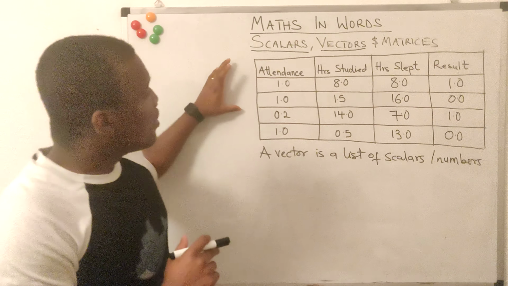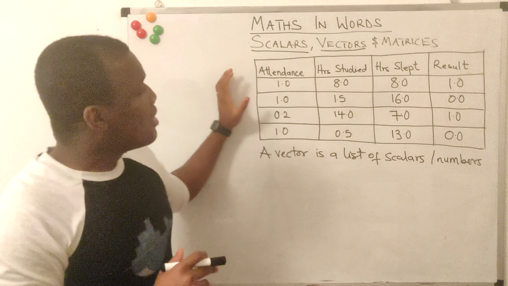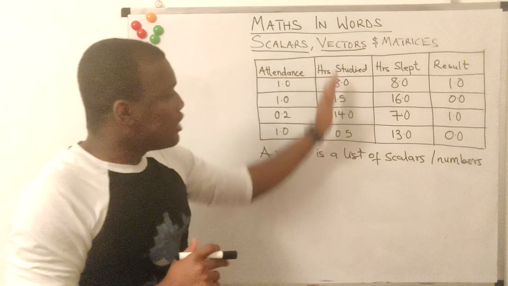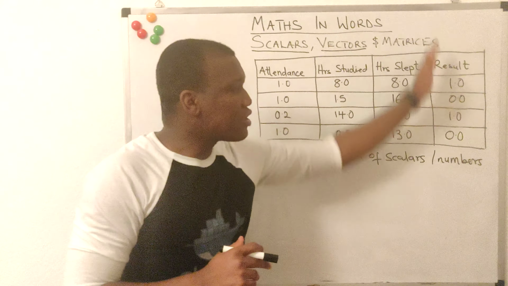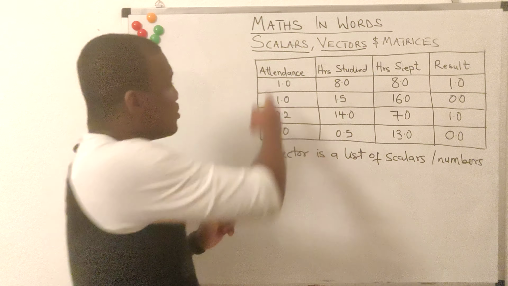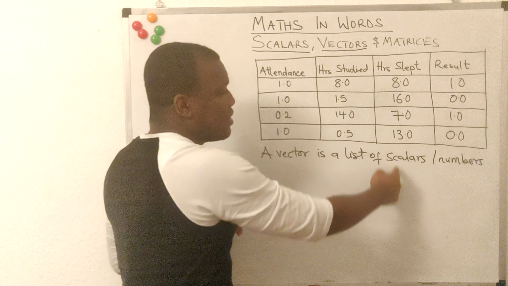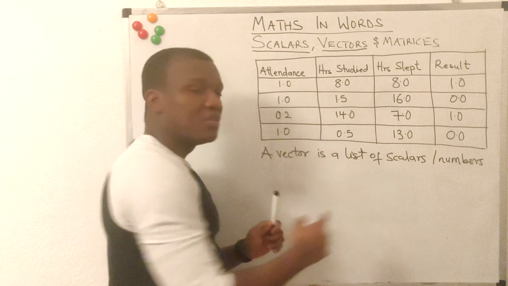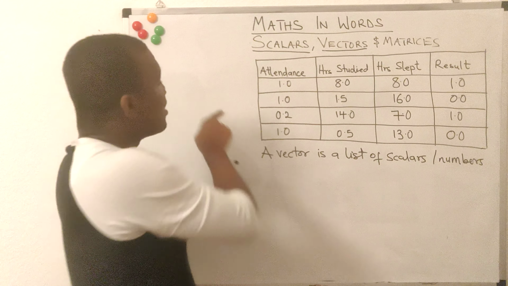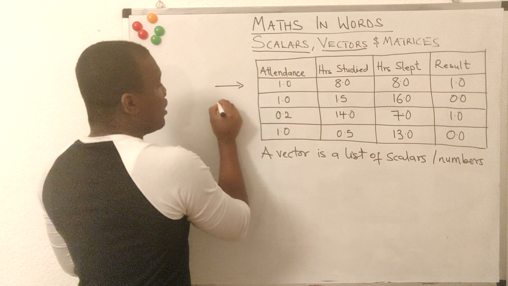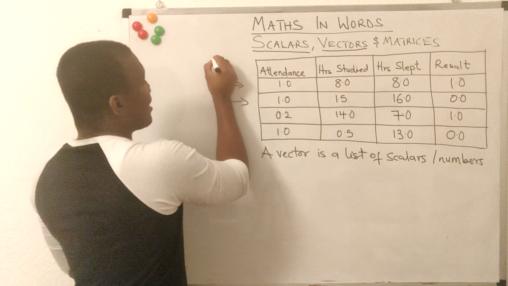On the board you are seeing a training data, and as I explained to you, each column is called a feature. So attendance is a feature, hours studied is a feature, hours slept, and result. These are all features. And then if you read it row-wise, we call each one of them a training example.